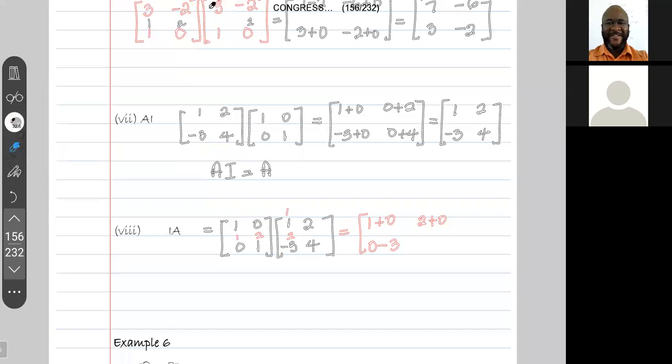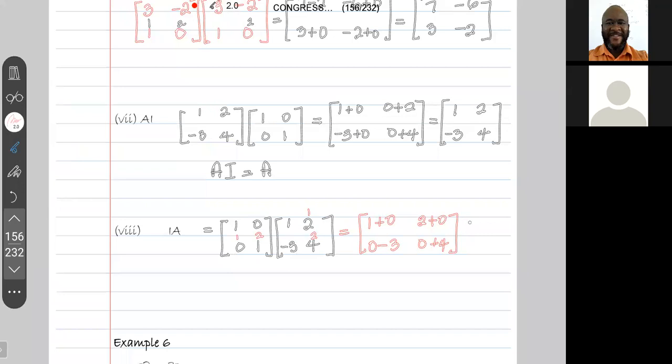Lastly, bottom row, right column. 0 times 2 is 0. 1 times 4 is 4.